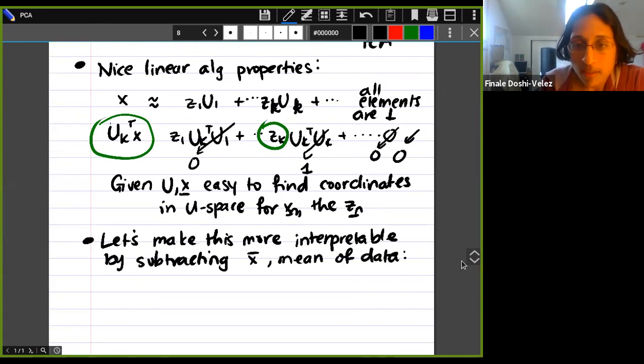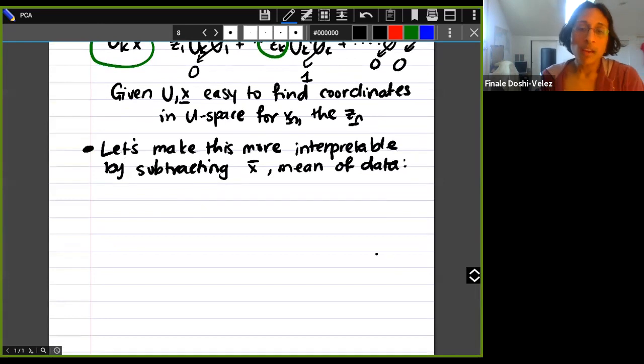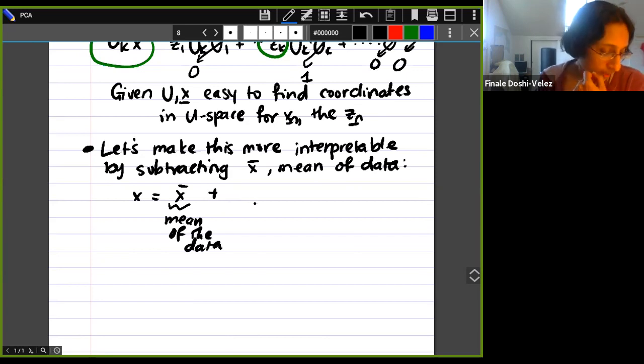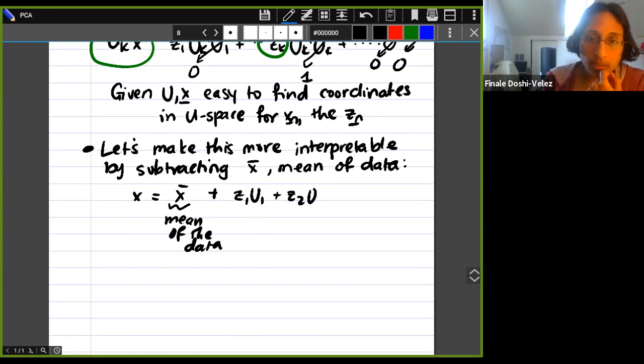Or another way of putting this is that, just in terms of how we go about doing this, let's say that X is equal to one very special vector, the mean of the data, plus Z1 U1, Z2 U2 out to Z capital K, U capital K.